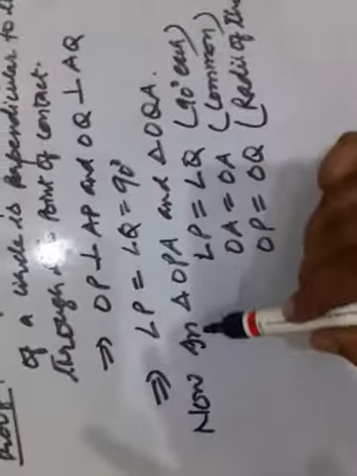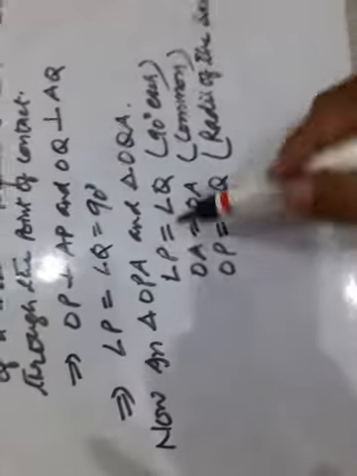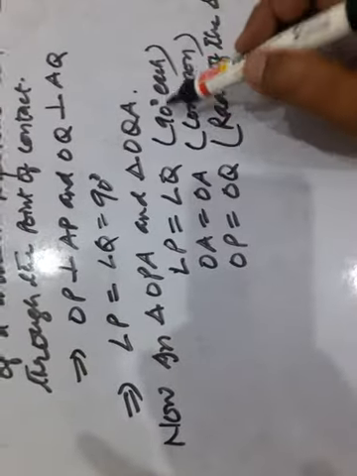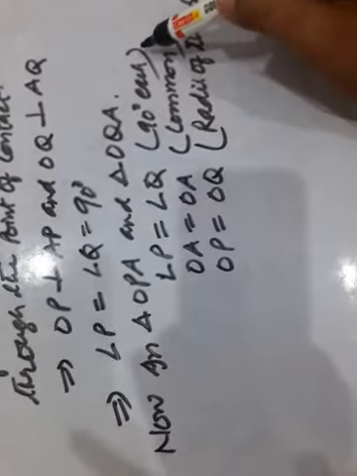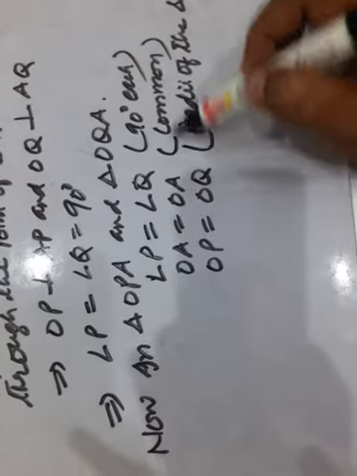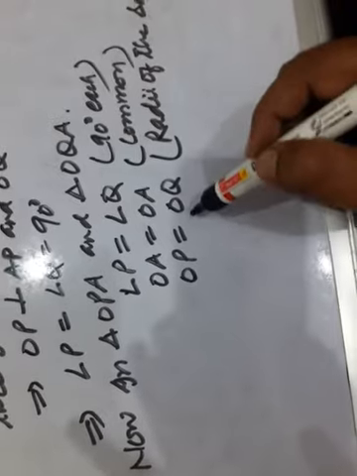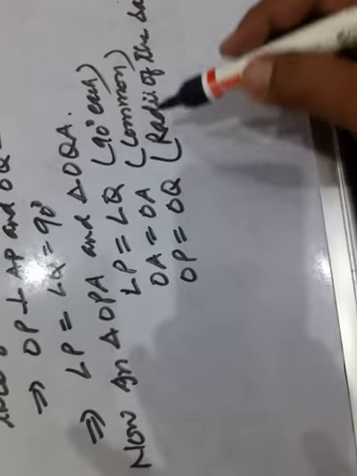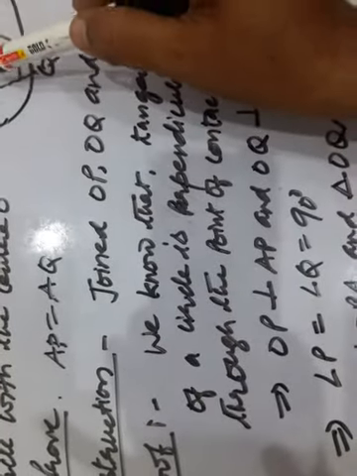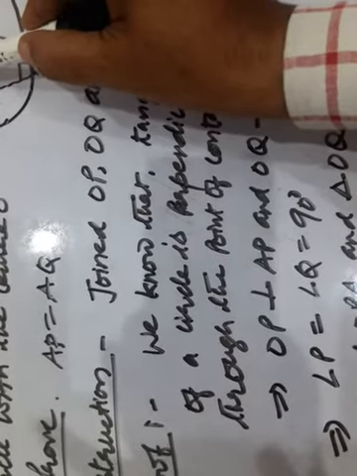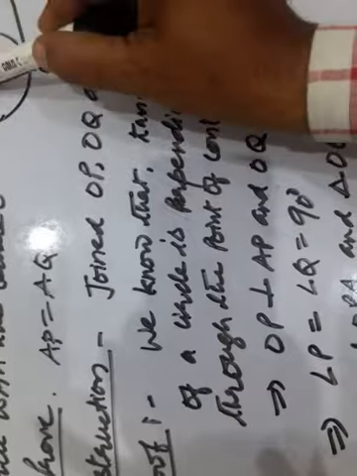Clear, children? Once again, let us see. In triangle OPA and triangle OQA, we have taken into consideration angle P equal to angle Q, that is, we have shown 90 degrees each. OA equal to OA, that is common. And OP equal to OQ. This implies, let us see the congruence: this is right angle, hypotenuse and one side.